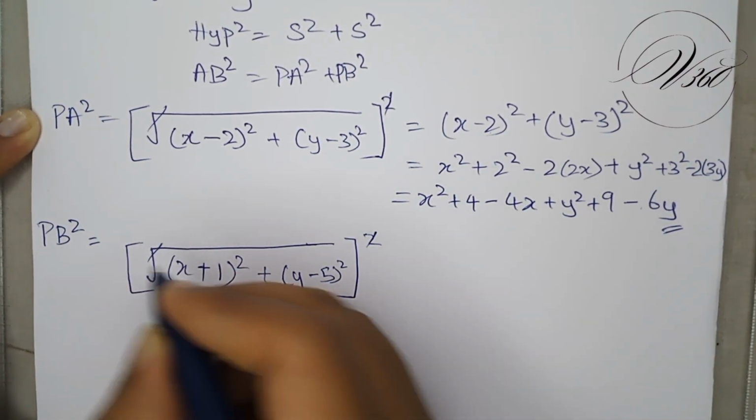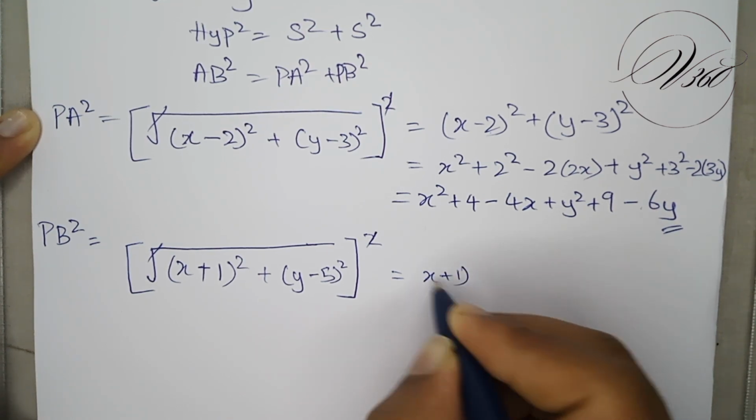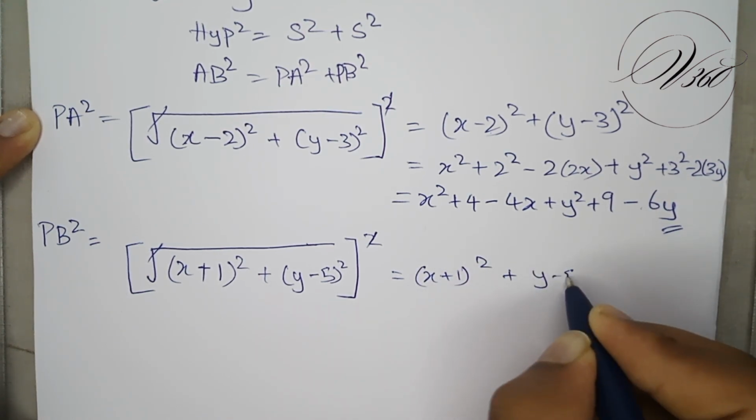So squares and roots get cancelled, and we will get x plus 1 whole square plus y minus 5 whole square.